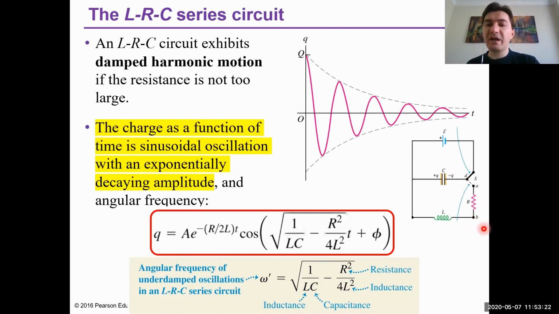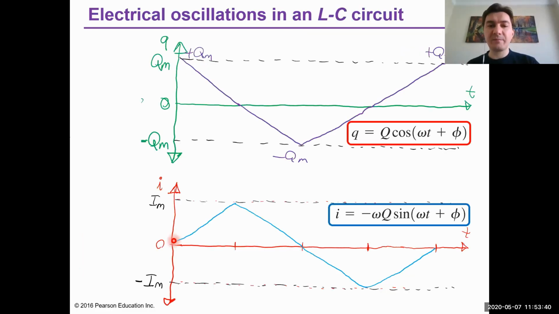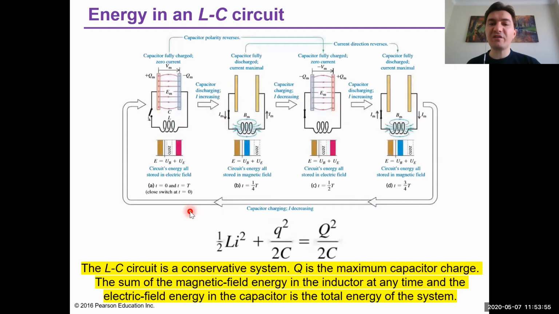Because the energy is dissipated in the resistance of the resistor. If there is no resistor in the circuit, then there will be no energy dissipation and it will behave like LC circuits, okay? So current and charge oscillate, but the maximum charge and maximum current do not change in the system.